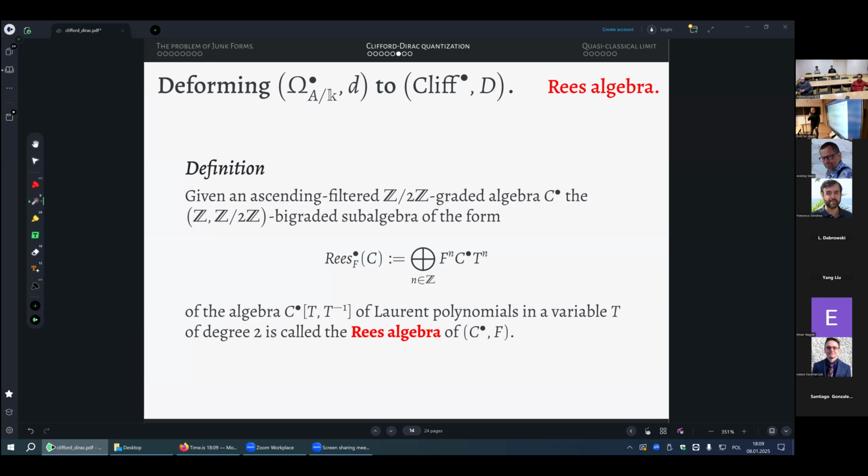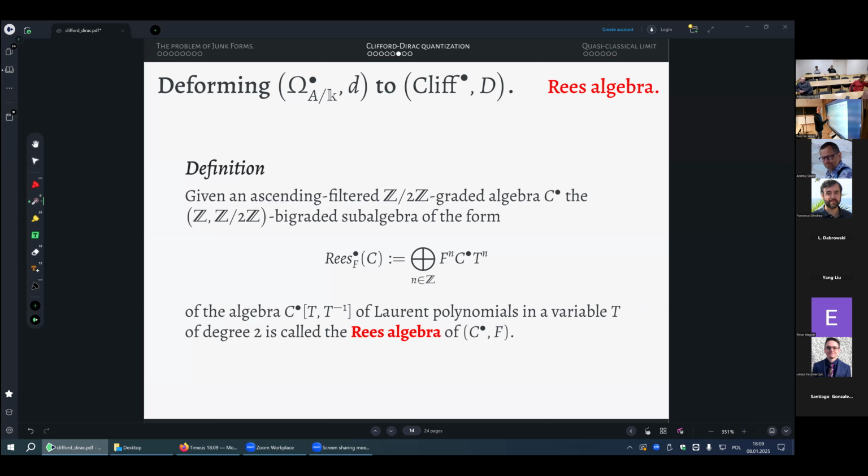So this kind of filtration is different from other filtrations defined by ideals, because those are usually decreasing filtrations. Okay? This is an ascending filtration, it's increasing. Okay? Opposite.